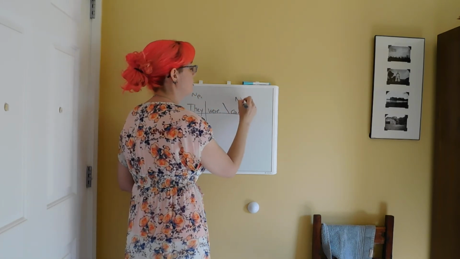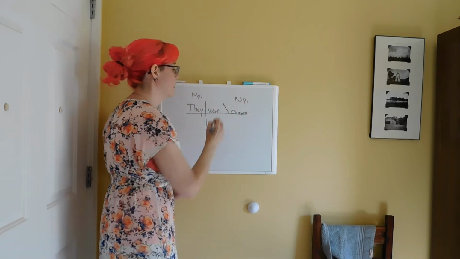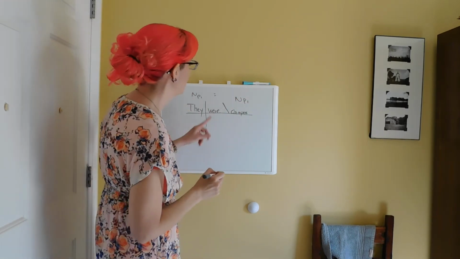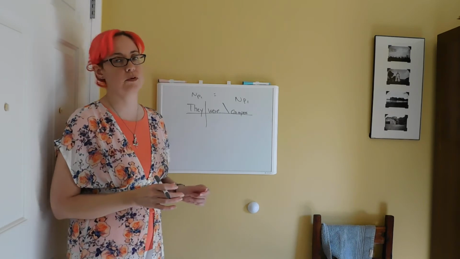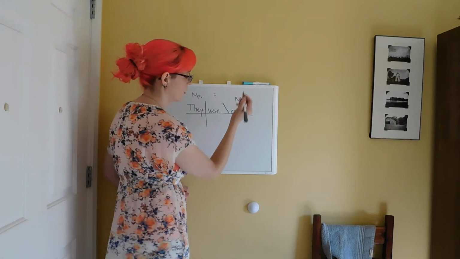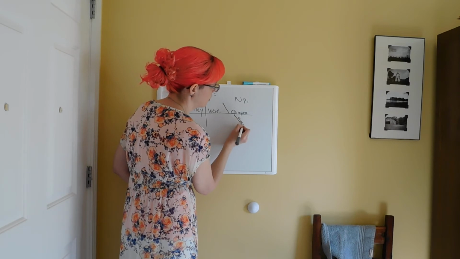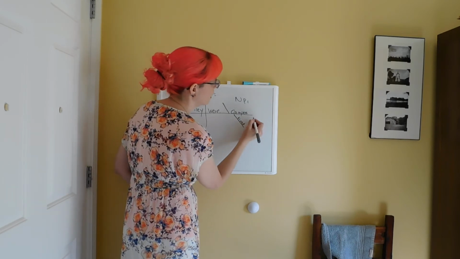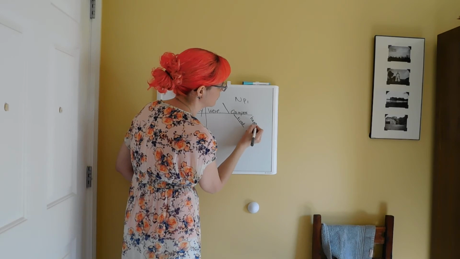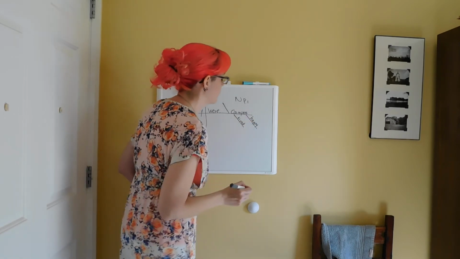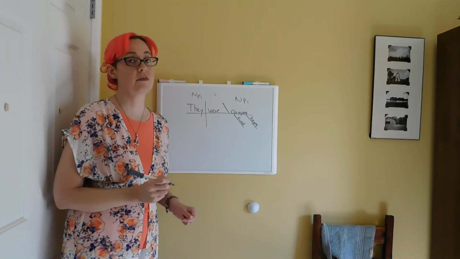Trying to help you keep track. MP1 equals MP1. They are the campers. They were campers. What kind of campers were they? Well, they were tired. One adjective. And they were happy. That's great. In this case, we actually have the conjunction but.